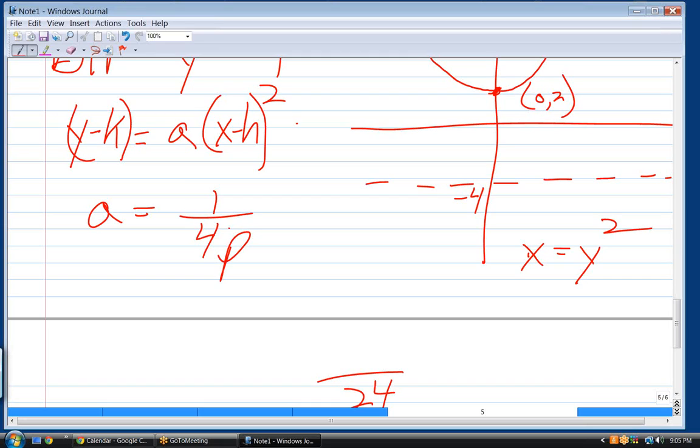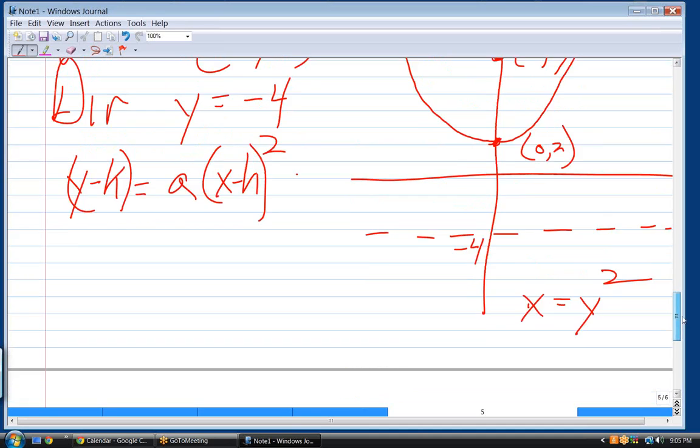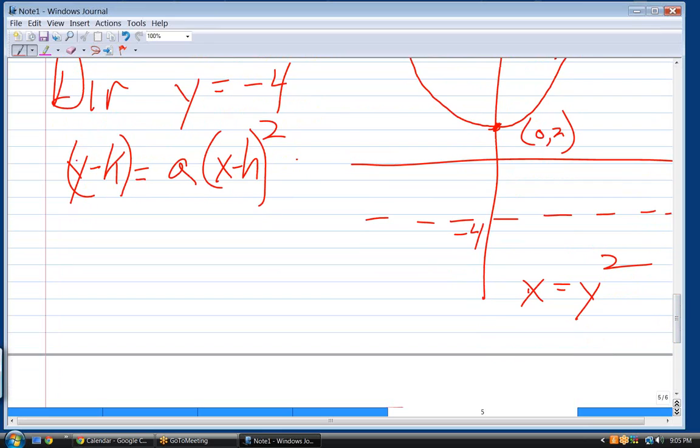In other words, if I solve this for p, I get 1 over 4a. So if you are given an equation in this format, you can still deal with it. You just have to recognize that it's in your old format and not the format that we like, which has the 4p there instead of the a. And then you have your focus built in. Once you figure out what p is, you know what your focus is.